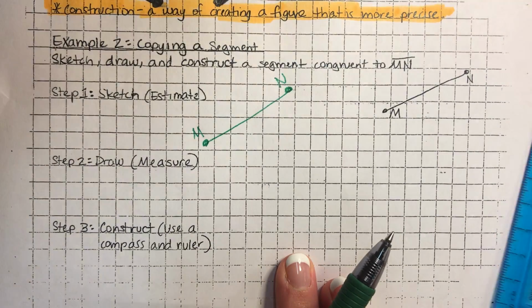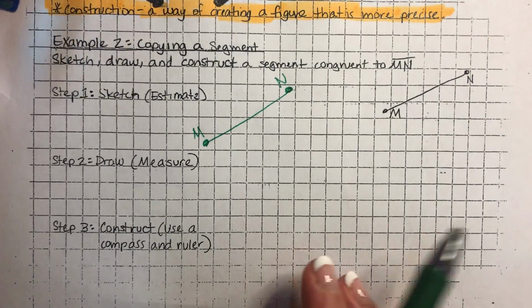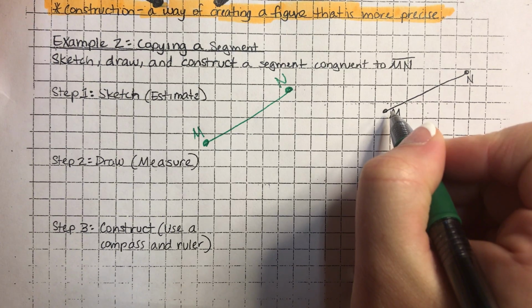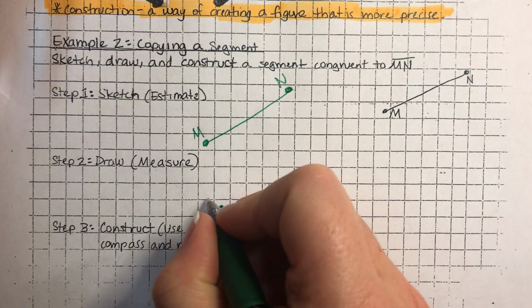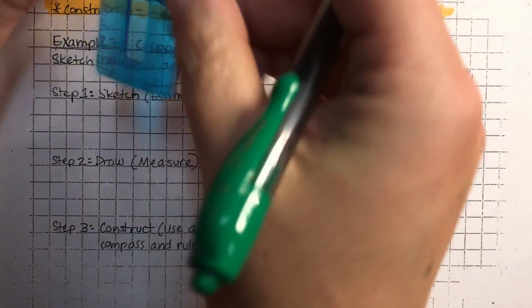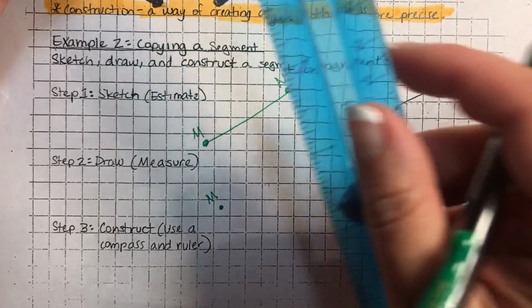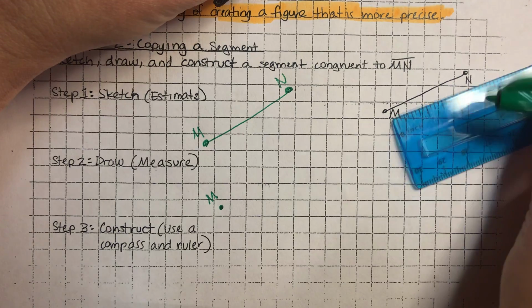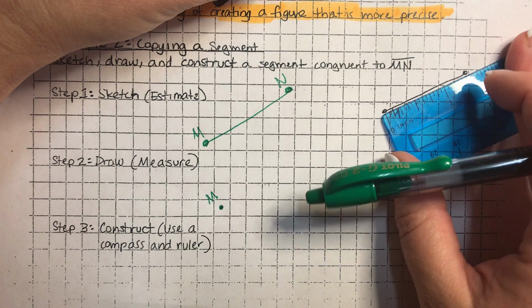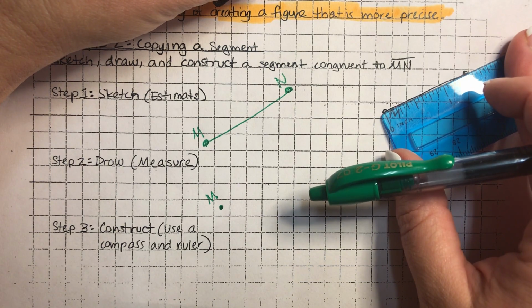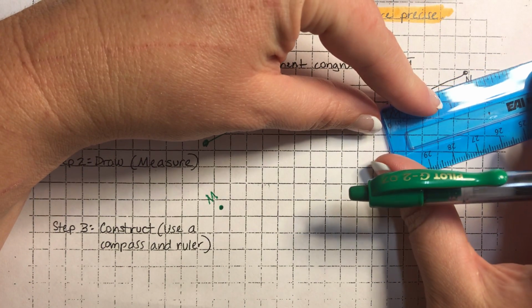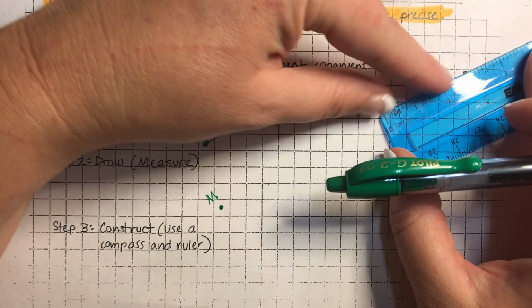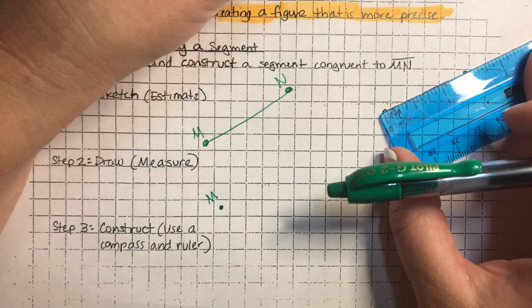So what I'm going to do is make a little M here, and then I'm going to go to my ruler, put this at 0, and it's going to be, what is that, like right before 1.5.